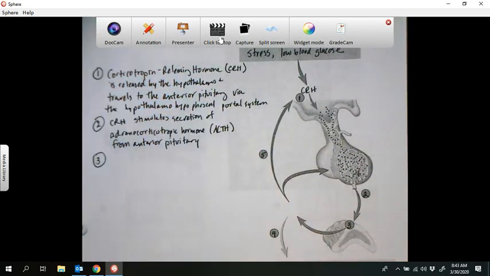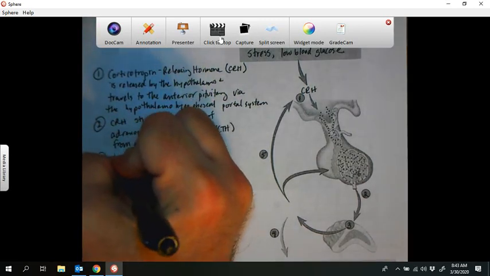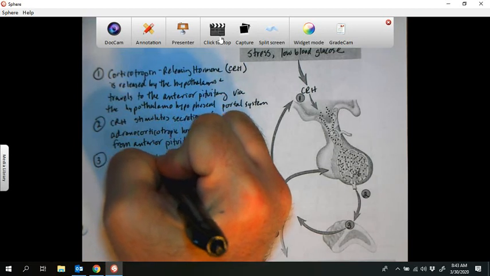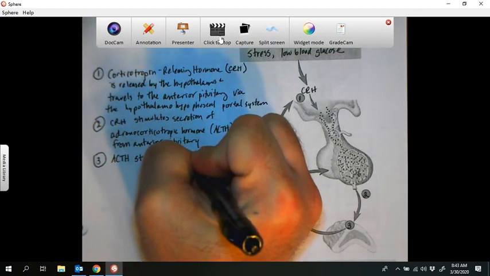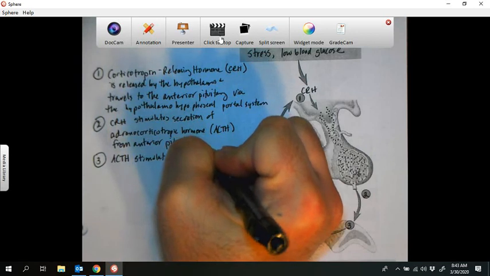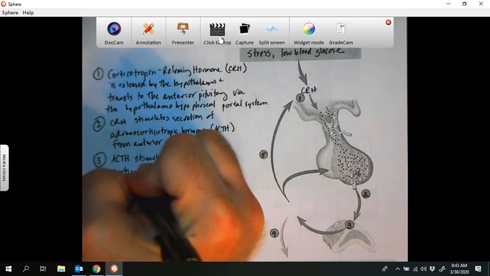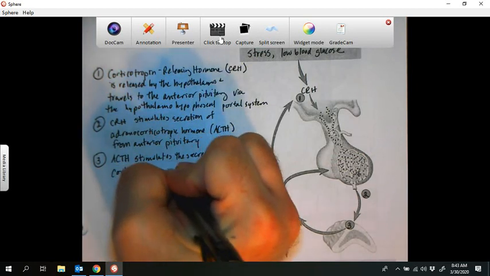Number 3, ACTH stimulates the secretion of cortisol from the adrenal cortex.